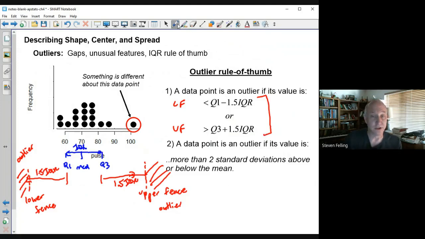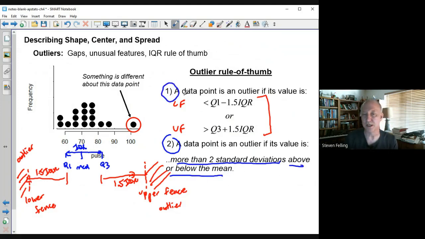Now there's a second thing that we can use. Instead of using the median, because the IQR is kind of connected to the median and the quartiles, if instead we're dealing with a symmetrical set of data where we're using the mean and standard deviations, then another way we could determine that something is an outlier is if it's more than 2 standard deviations above or below the mean. There's kind of 2 general criteria.